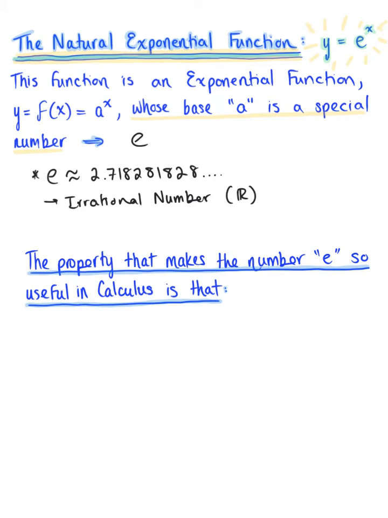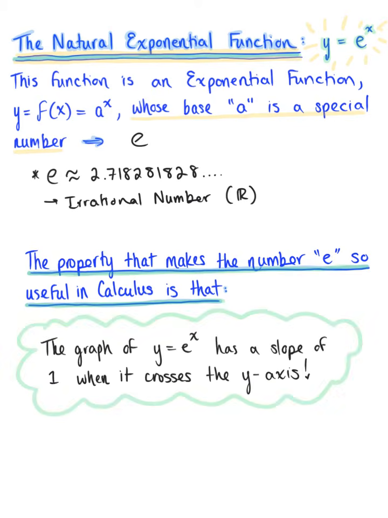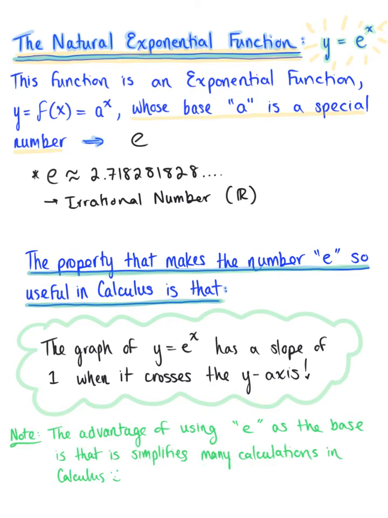The property of the number e that makes this number so useful in calculus is that the graph of the natural exponential function y equals e to the x has a slope of 1 when it crosses the y-axis. So again, the advantage of using the number e as the base for your exponential function is that it simplifies many of our exponential calculations throughout our calculus careers.